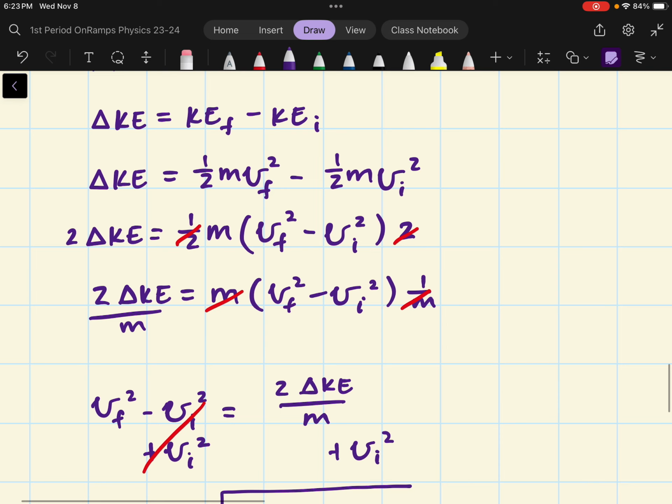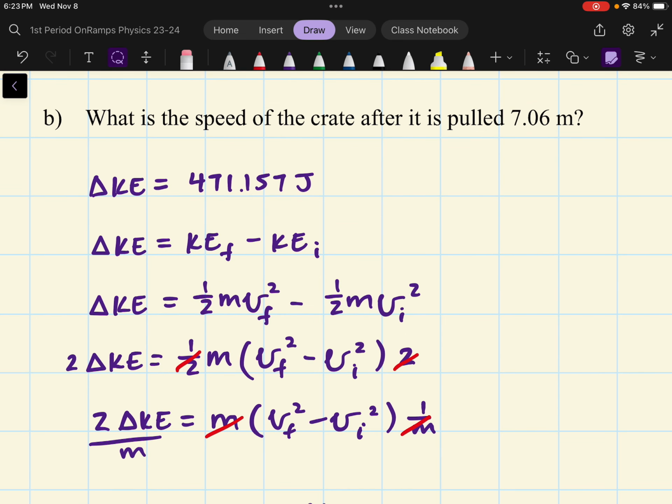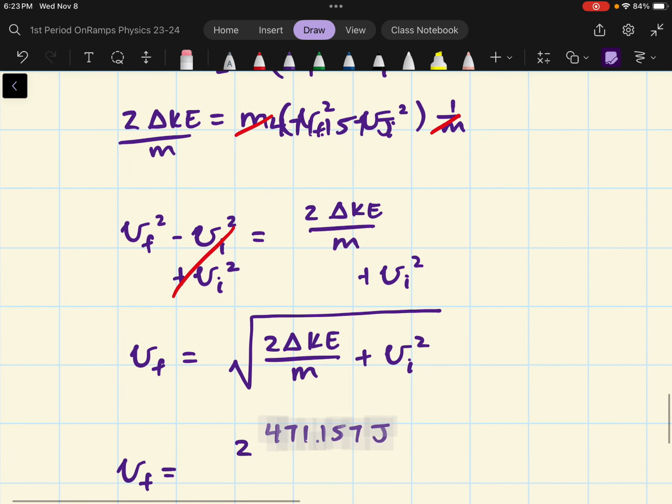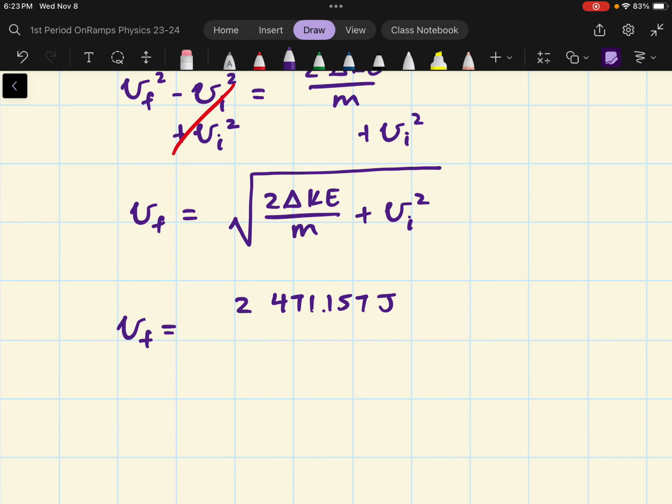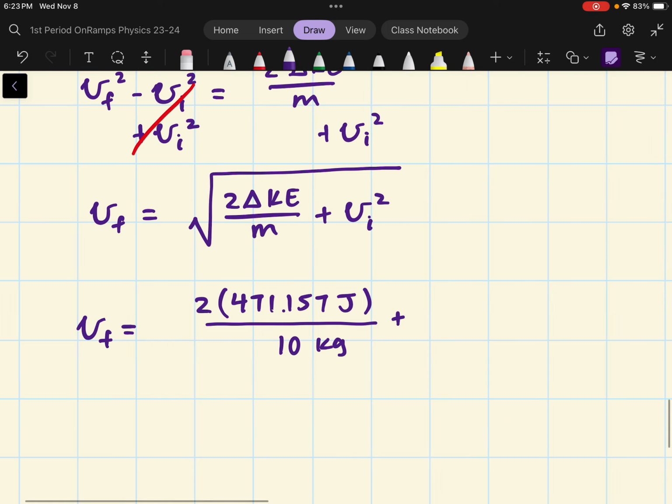twice this number, which I'm just going to copy, divided by the mass, that was 10 kilograms, plus my initial velocity, as per the picture, was 1.66 meters per second.